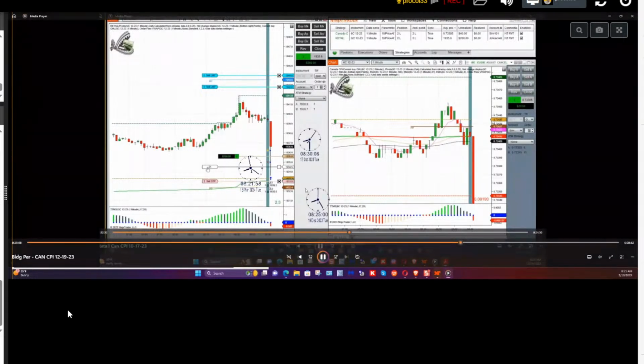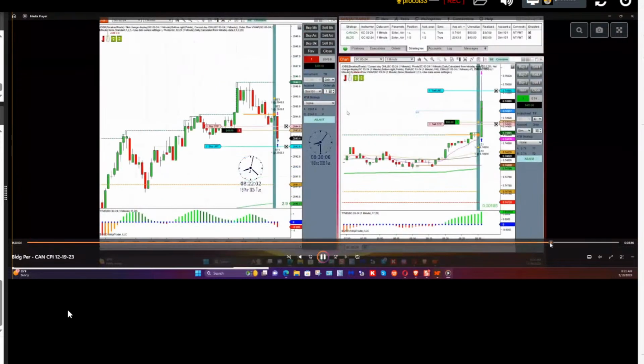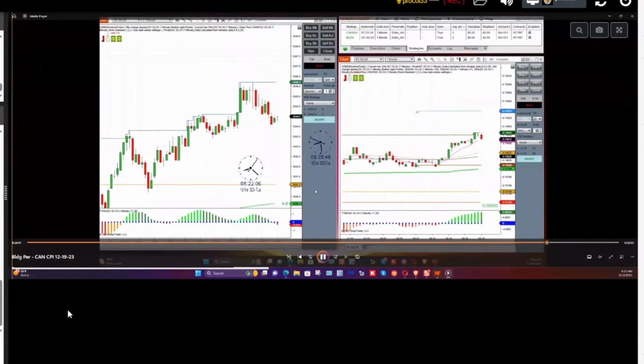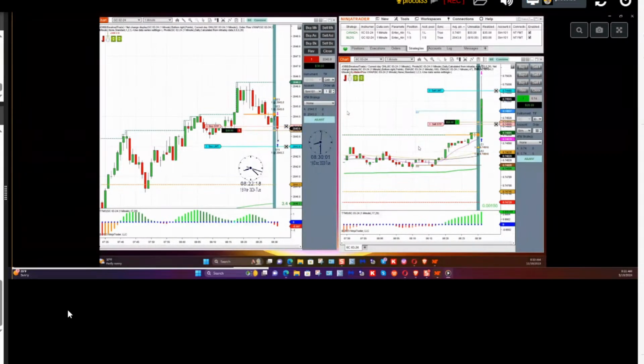That's not December, so hang on. I knew something was crazy. Here's December. Left side was gold. Right side was Canada CPI. What's interesting is building permits and Canada CPI trade together quite a bit. US building permits and Canada CPI often trade together.